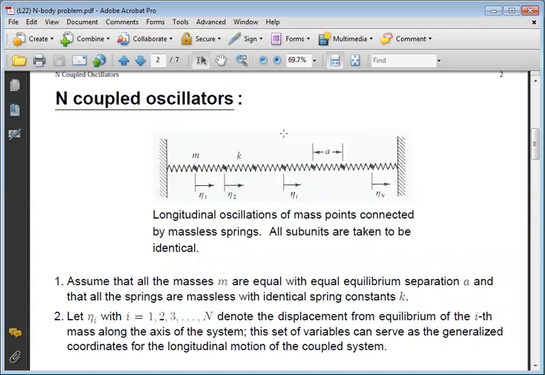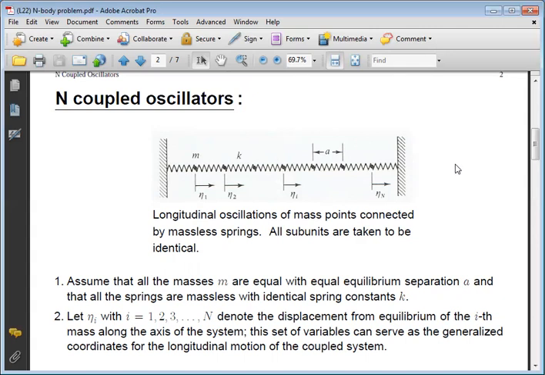As you can see, if we have a getting smaller and smaller, and n getting larger and larger, in the limit of n to infinity and a to 0, infinitesimal, in such a way that we have a so-called uniform average density along the whole length of the system, then in that special limit we actually have something like a string.